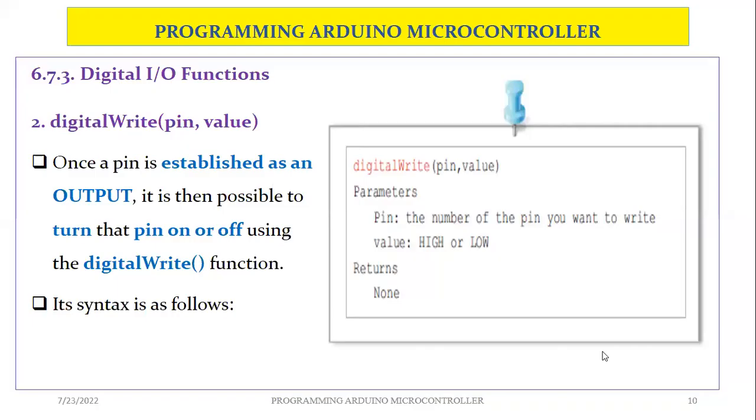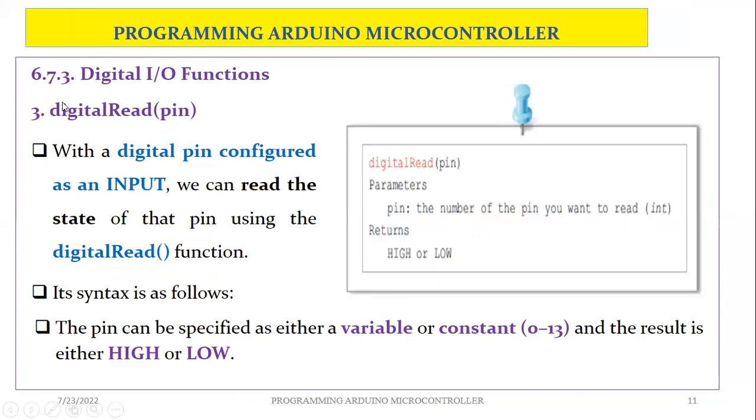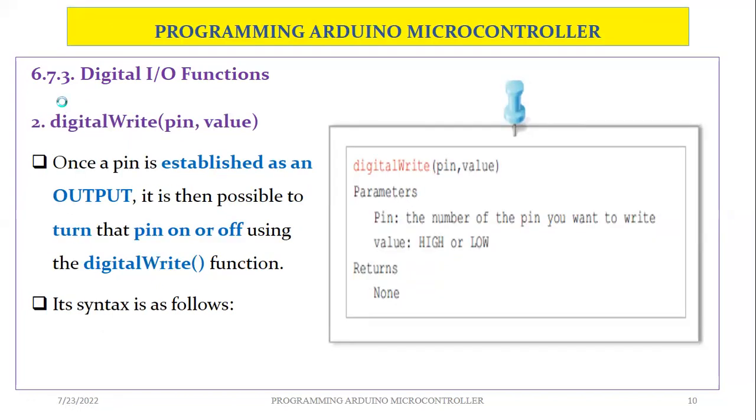Okay, good. So let's have a look at the next function. The next function is the digitalWrite function. Once we have specified a digital I/O pin as an output pin, we can write values to that pin, either a high or a low, by using the digitalWrite function.